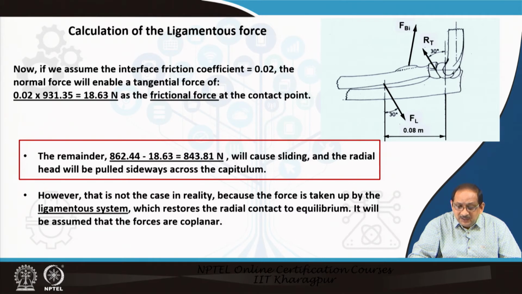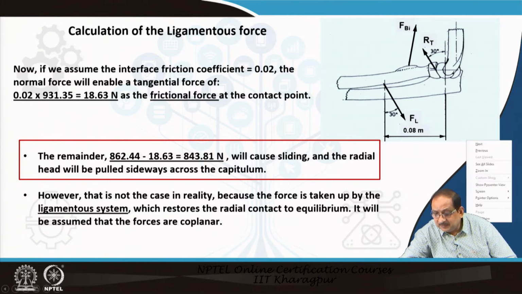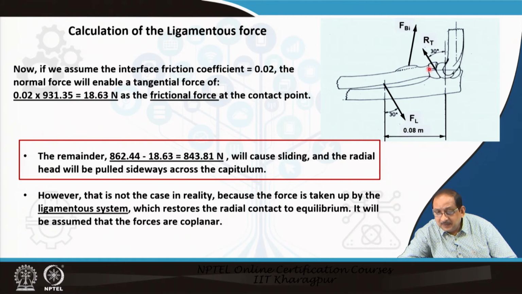So, it will be further assumed that the forces Fl, which is the force of the ligamentous system, and the Rt, the reaction force along the tangential direction, are coplanar.